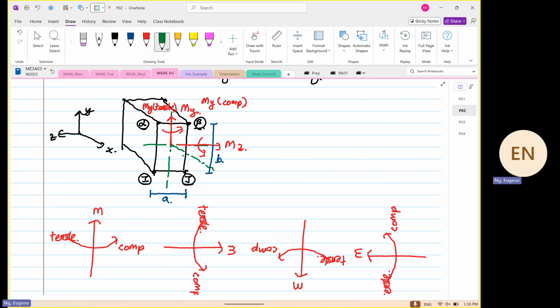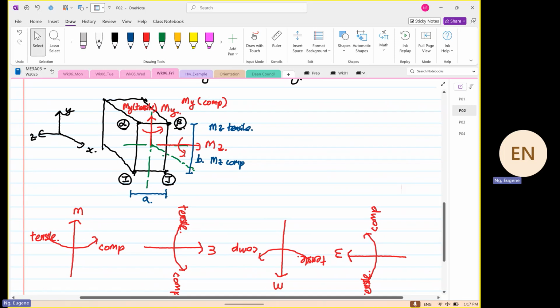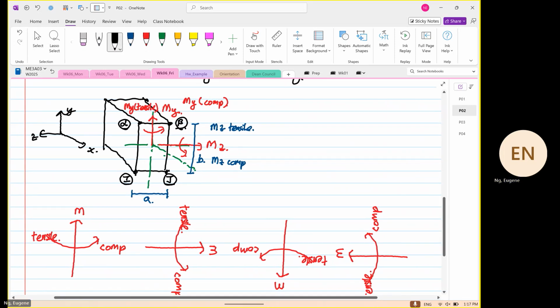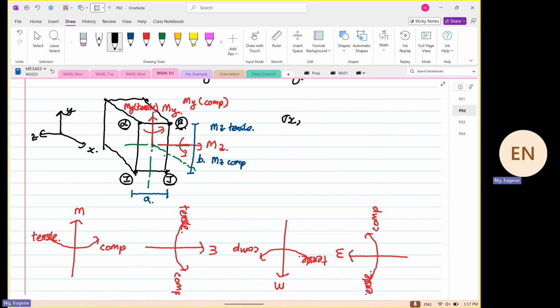I'll use a different color for MZ. We know on MZ, this is compression. For MZ, this is equal to what? Tensile. So now if we were to write the stress sigma x at point alpha, it is equal to what?